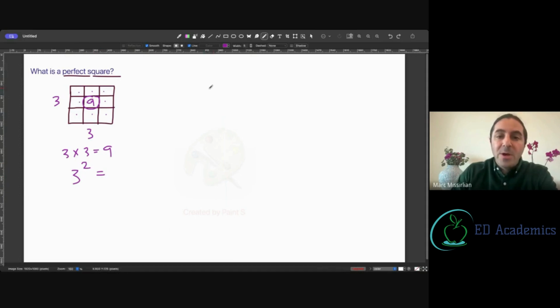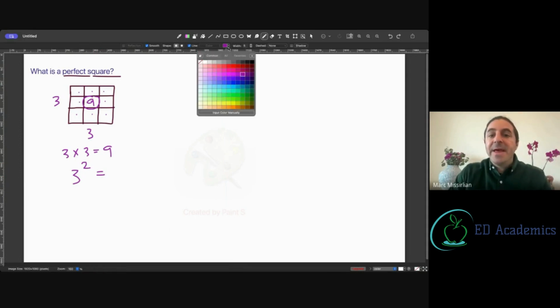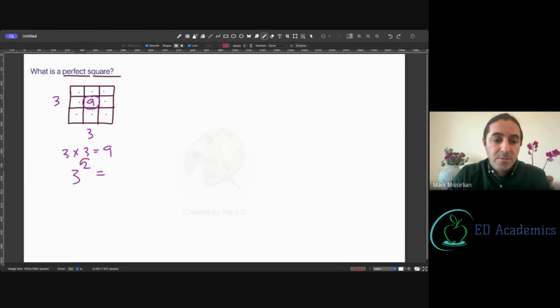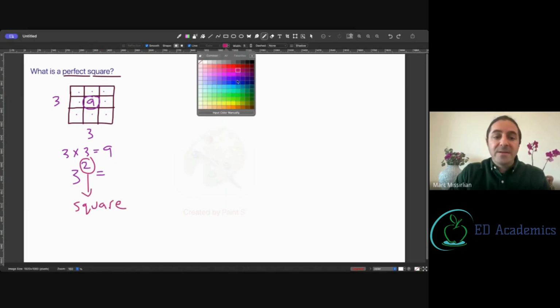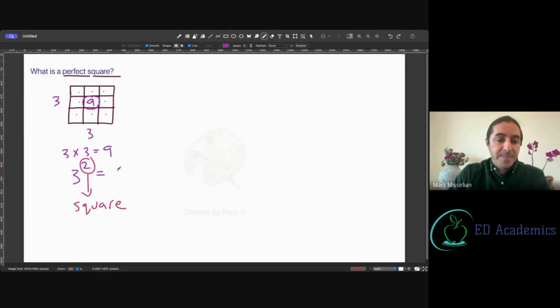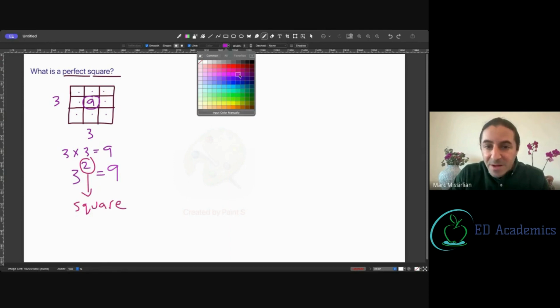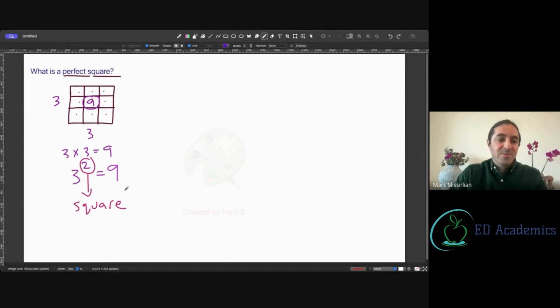The reason why we call this exponent of 2 squaring is because it tells us the area of a square with side length of 3. 3 squared is 9.